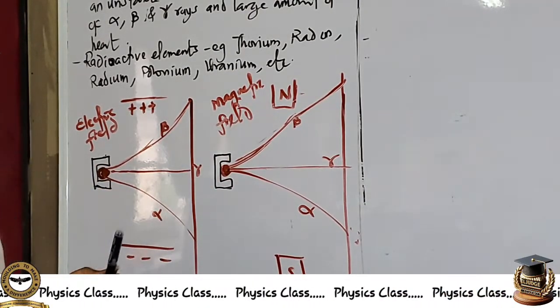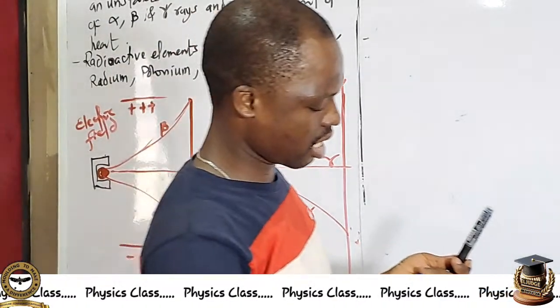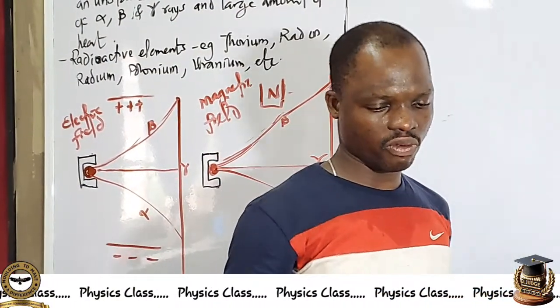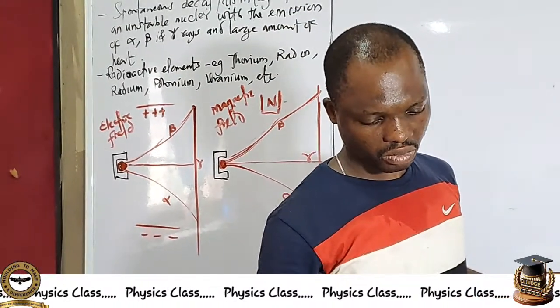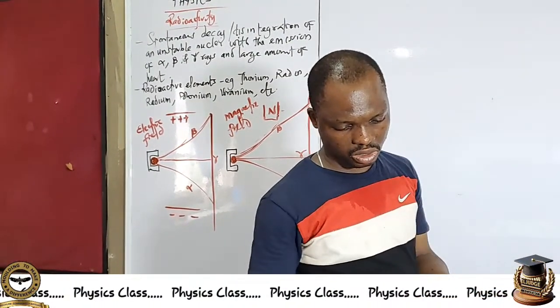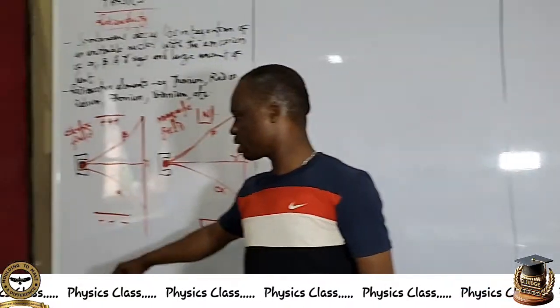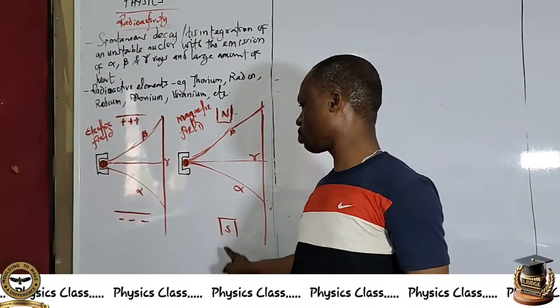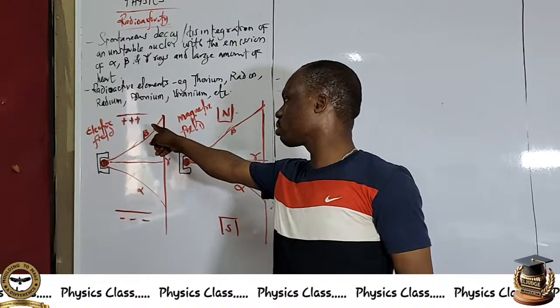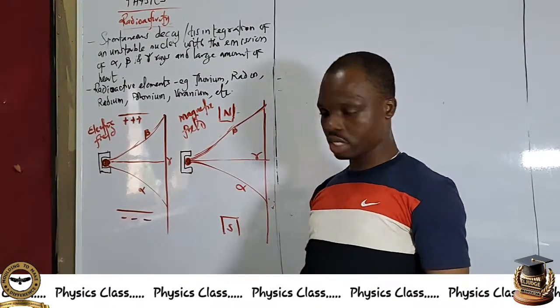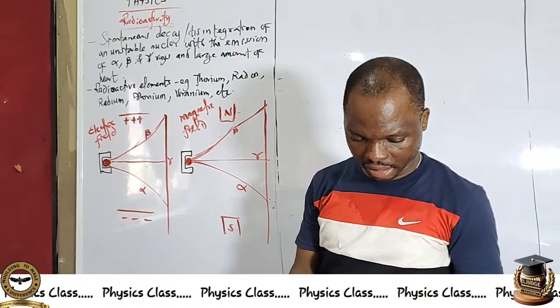So once you understand this, let's quickly move on to the decay curve. The ones that move to the negative, to the south pole, are the alpha. The ones that move towards the positive place or the north pole are the beta particles.